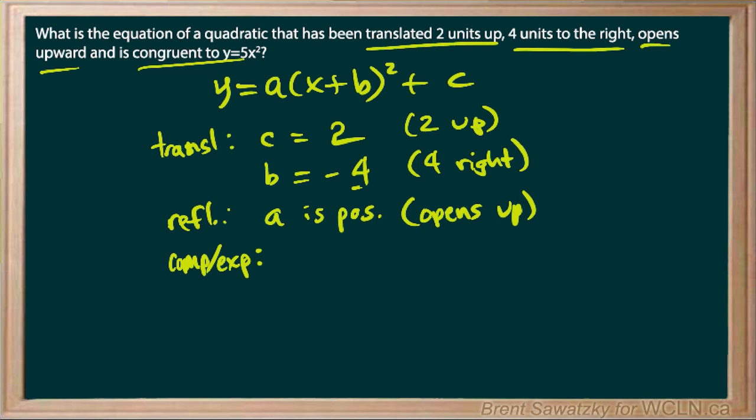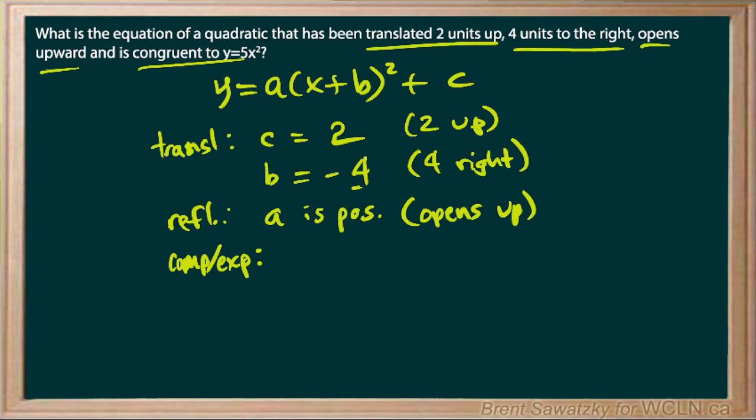Now, remember, what the A represents is the shape of this quadratic, not exactly where it sits, but the shape. Is it long and skinny, or is it wide? You know, that shape. And so basically, if it's congruent to another relationship, then that means that the A's would be the same, whether plus or minus, but the number out there would be the same.